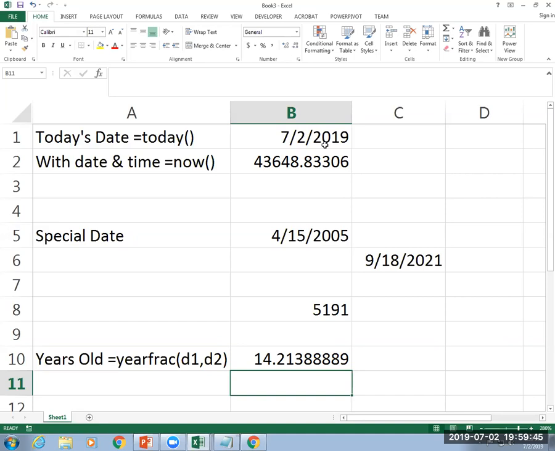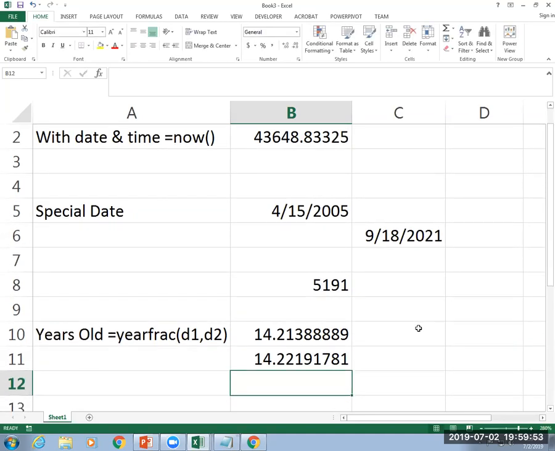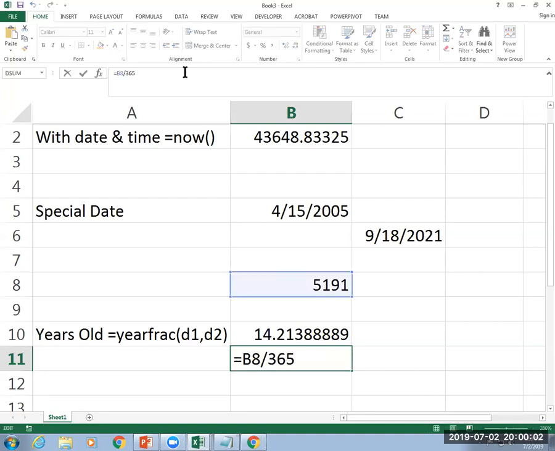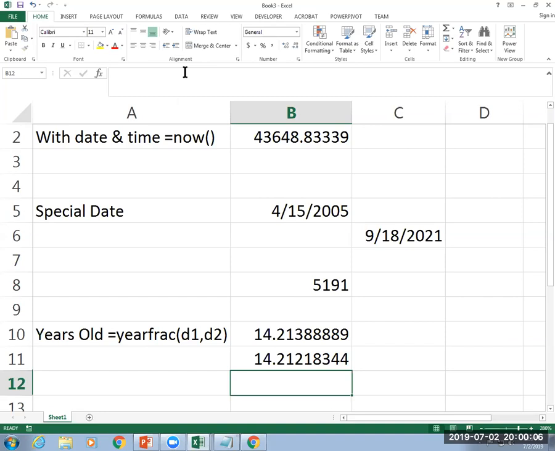The only problem with saying equals her days old divided by 365 is that 365 isn't actually how many days there are in a year. It's really 365.25. But even that's not totally accurate, because it's actually not 0.25.